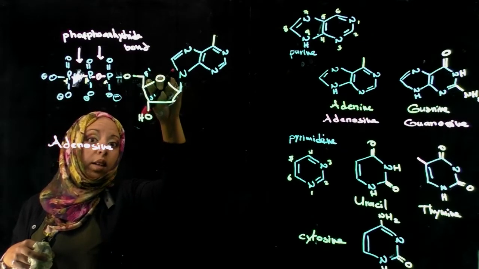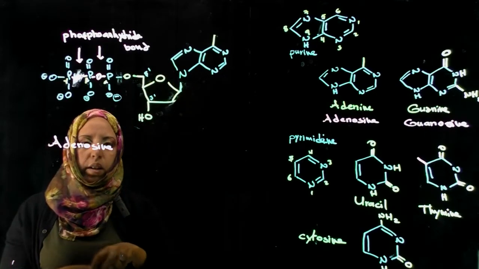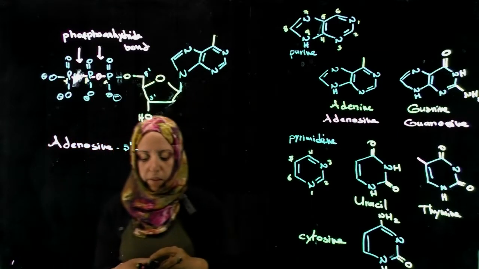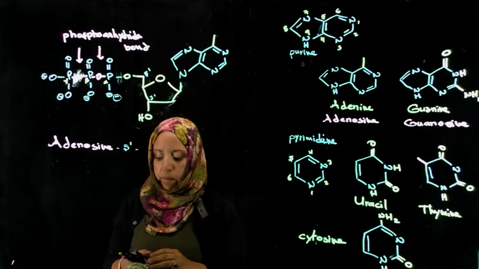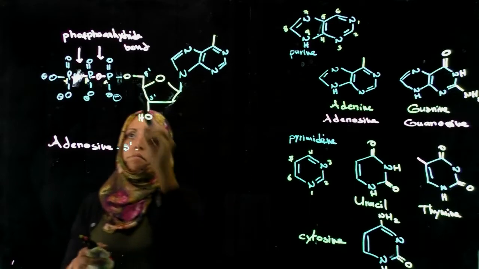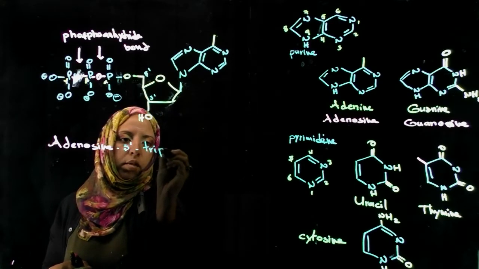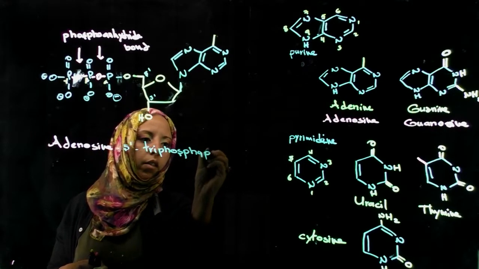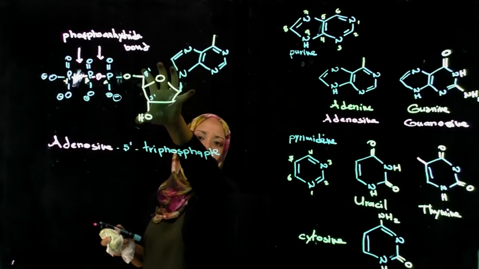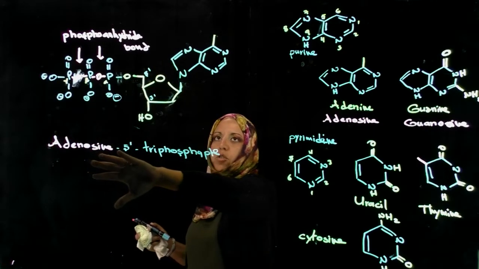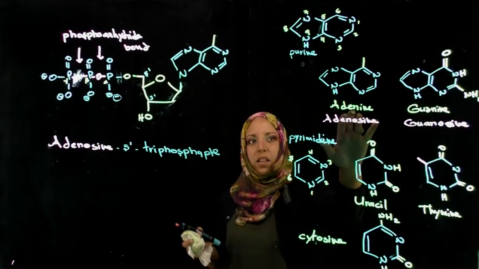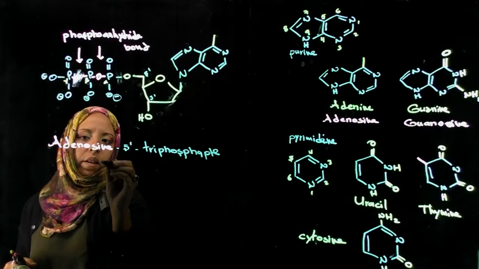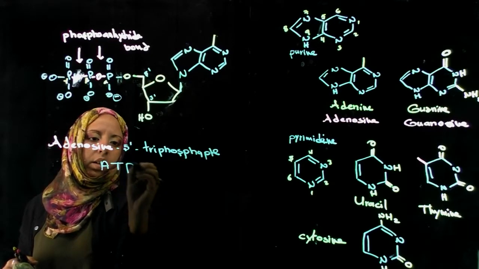The phosphate is connected at the 5', so adenosine 5' triphosphate, right? Adenosine includes the sugar, right? Without the sugar, just the nitrogenous base would be adenine. And that's an example of ATP.